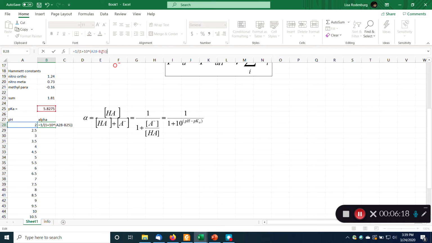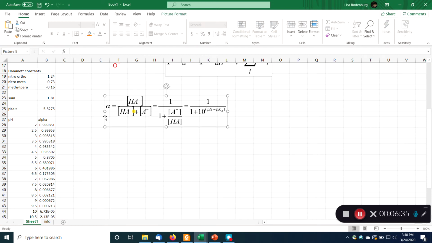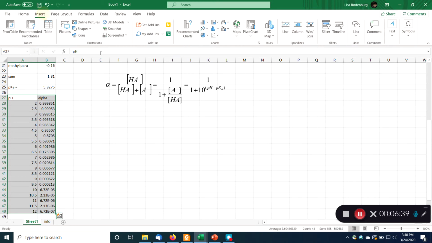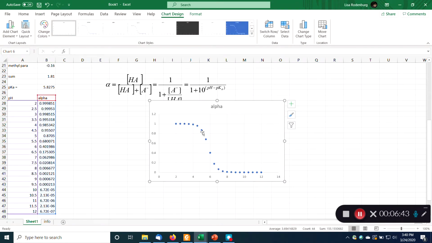And of course, this is always going to stay in that cell, so I use my F4 to make the dollar signs appear. And now I can float over here until my cross becomes totally black, double click, and there you go, voila. So now I can plot this, insert, I'm going to insert a dot plot here, and you can see pretty straightforward.